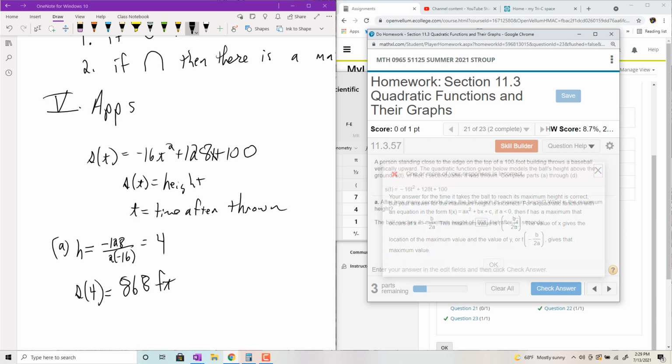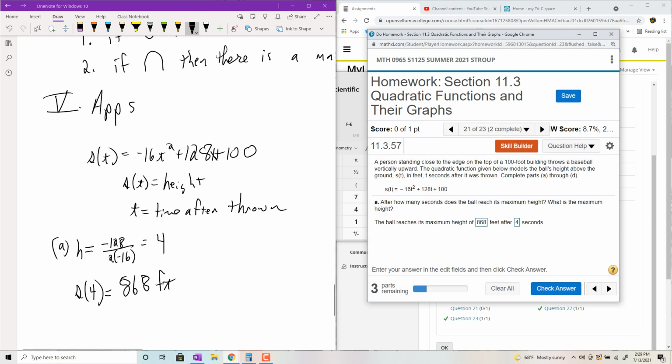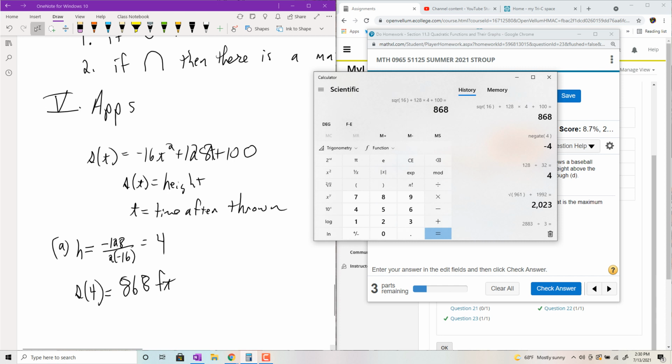Uh-oh. Oh boy. Negative b, did I get that right? Over 2a. So that should be a t, not an x, first off. So negative is 32. Oh, I see what I did.